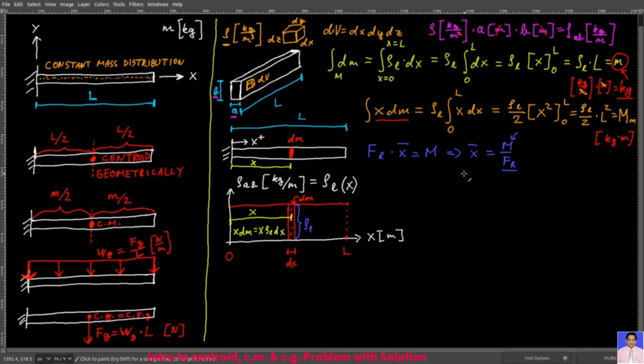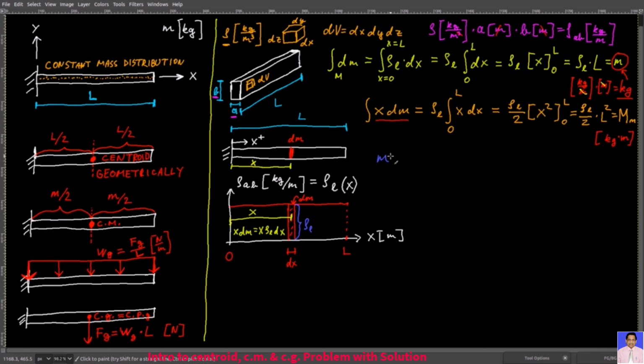And so just like we did it with forces and moments, the same thing can be done for masses and this quantity mm that you got by summing up all the products of differential masses and their respective distances.